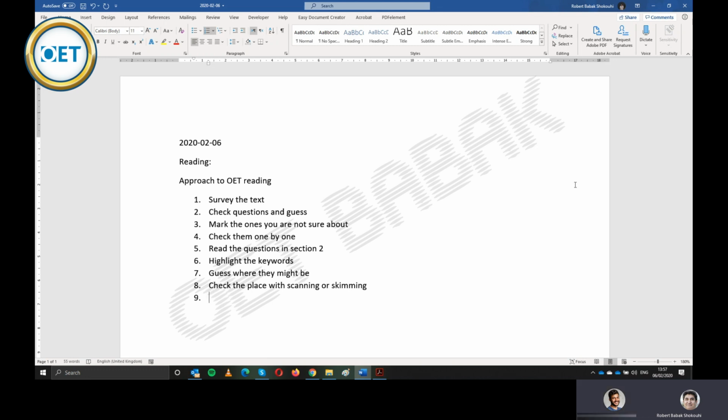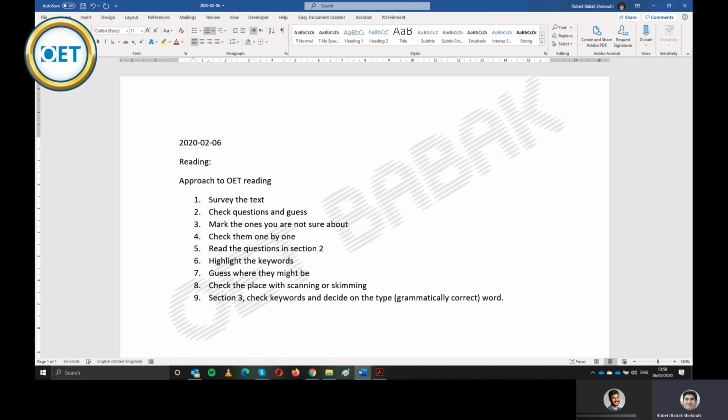So then the next part, again, we go to section 3, again check keywords and decide on the type that is the grammatically correct word.